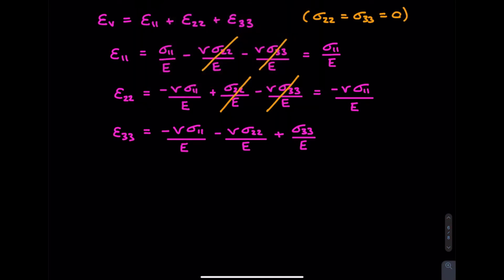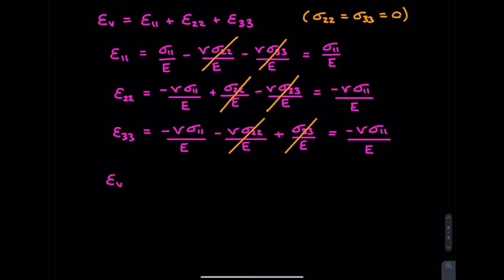Now, the final simplification: we know that sigma 22 is 0. We know that sigma 33 is 0. So all of this simplifies into negative v times sigma 11 all divided by E. And I can come down here and say, now I have every component that I need for my volumetric strain.